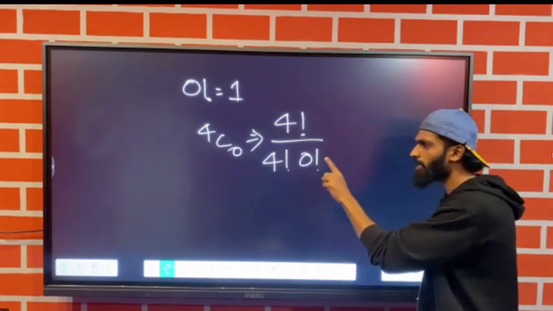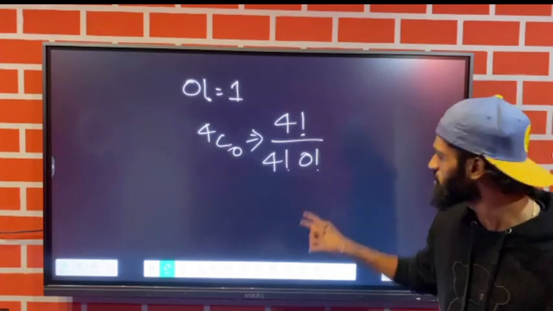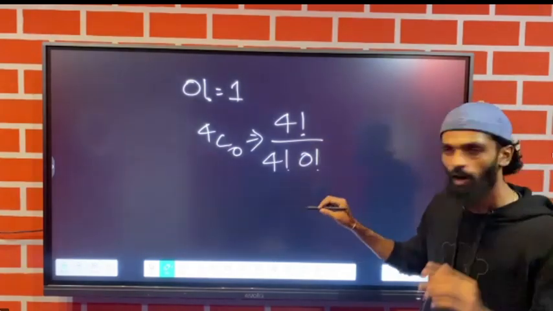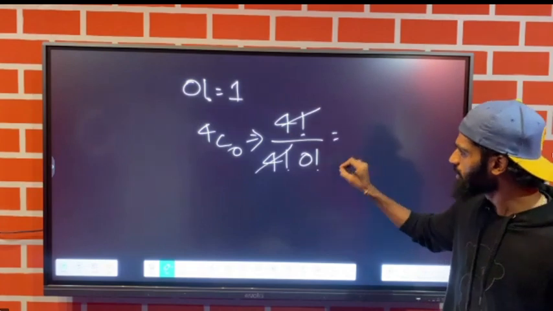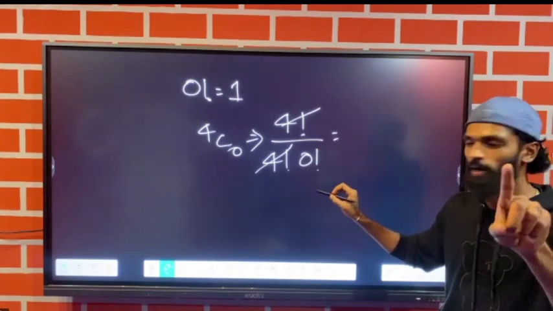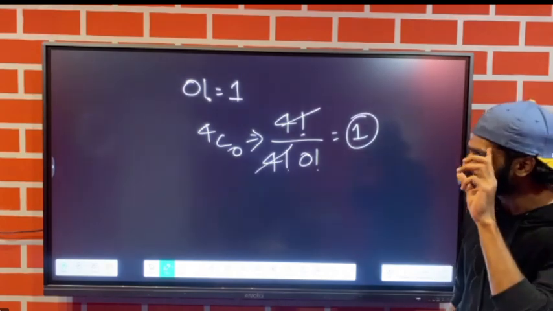I am not forgetting it just because it is 0 factorial. You should write it because even that has an answer and the answer is 1. The 4 factorial gets cancelled, and 0 factorial is 1, so 1 by 1 is remaining. The answer is 1. Let's see if this trick is working for everything.